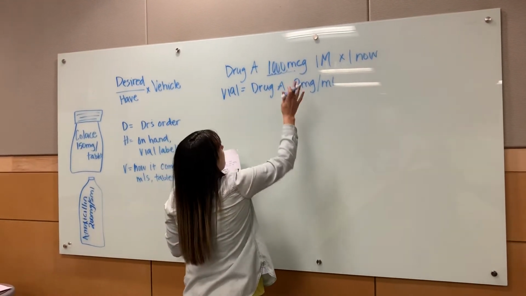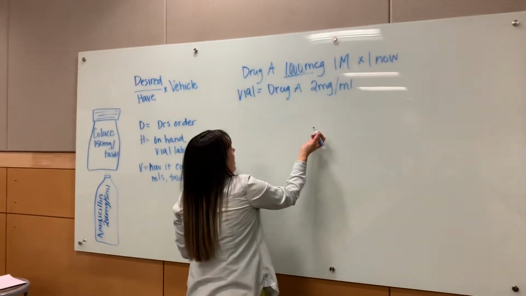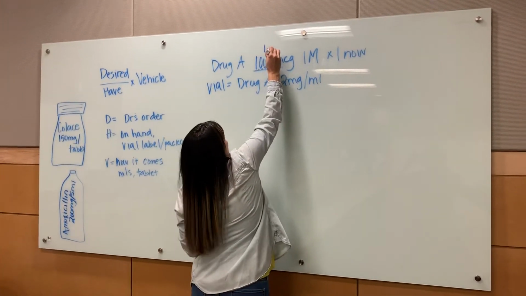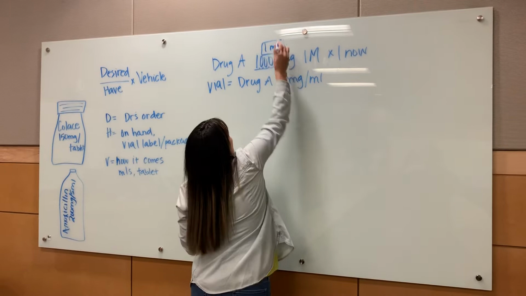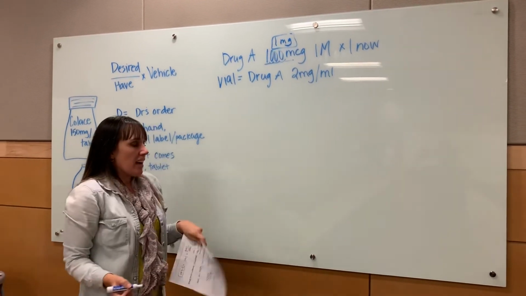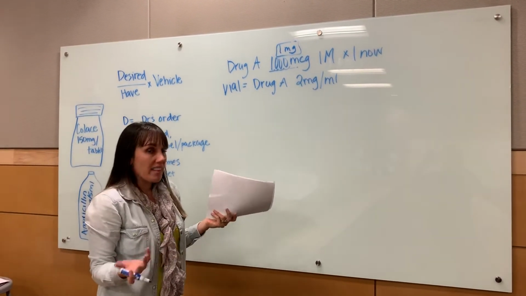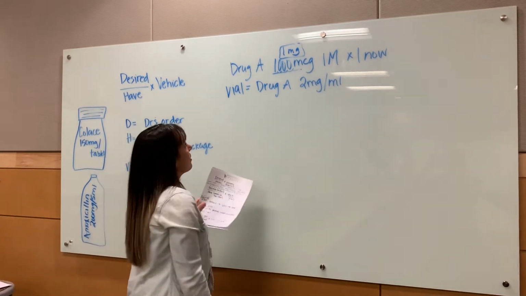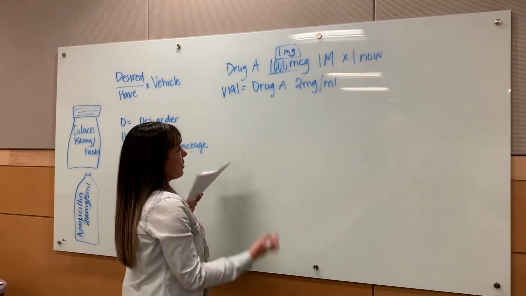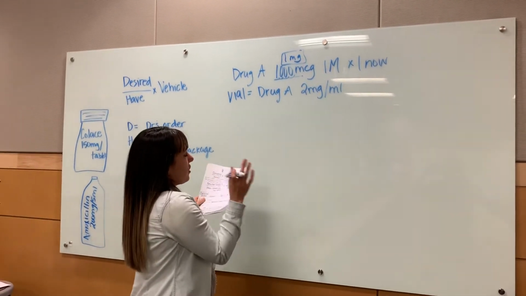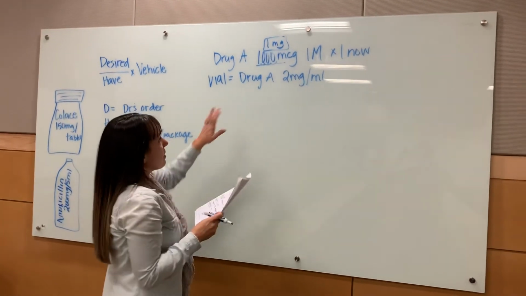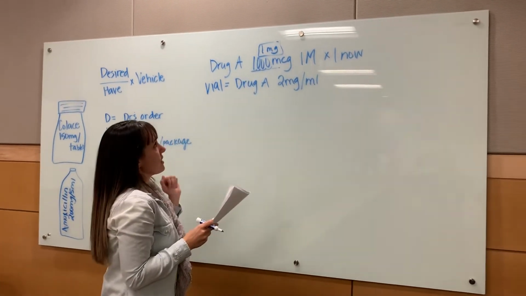And so we're now in milligrams. Let's say the doctor's order now is really 1 milligram. And you could do that via the ratio method, again, like we just talked about, or dimensional analysis, or you can just look at it and move your decimal over. Okay, but 1 milligram equals 1,000 micrograms.